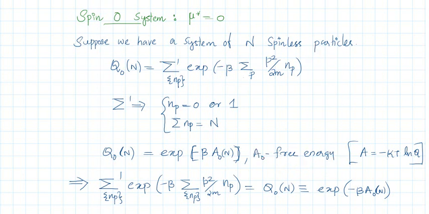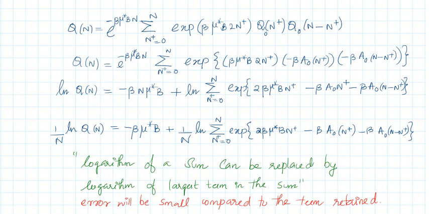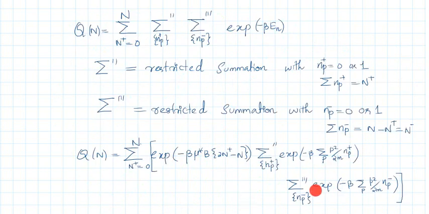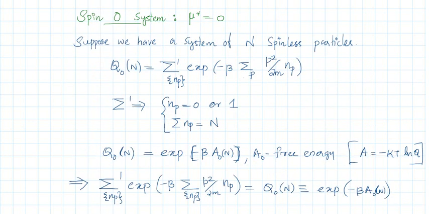For the spinless system, we denote these quantities by putting a suffix 0. So we can write this summation as Q0 of N, and it is equal to exponential minus beta A0 of N.